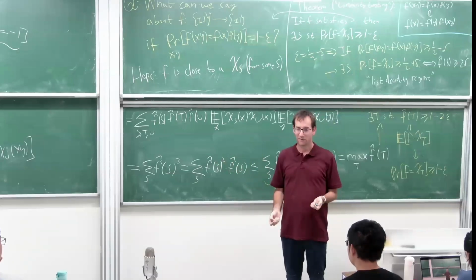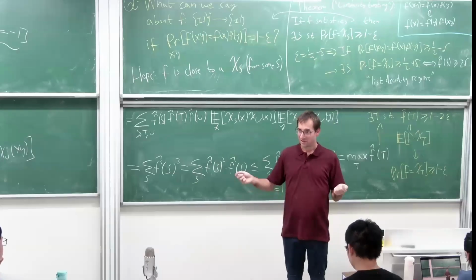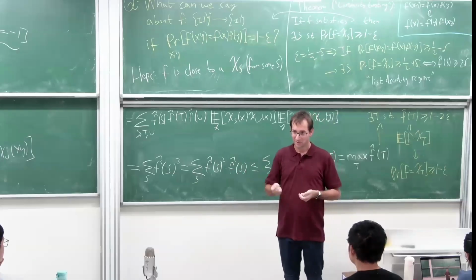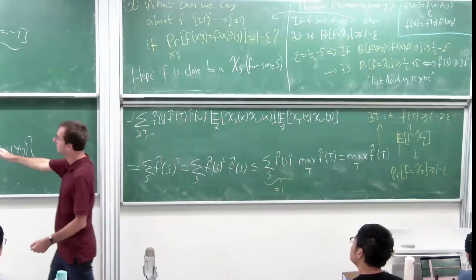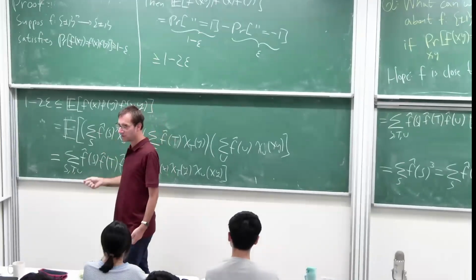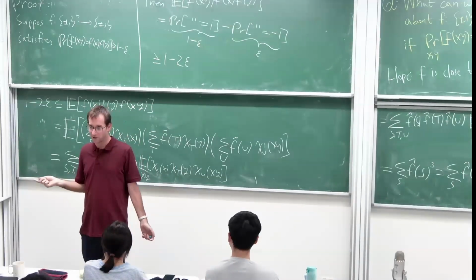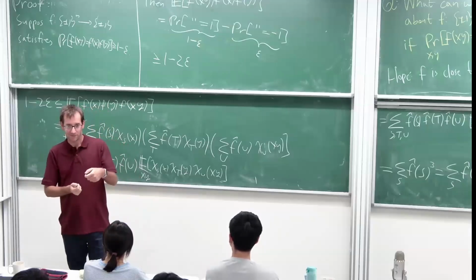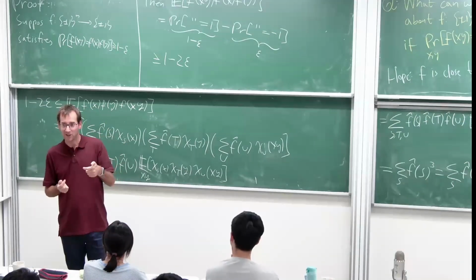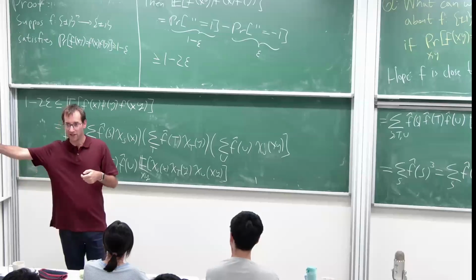If you've ever seen proofs of Roth's theorem, or stuff about three-term arithmetic progressions, it's the same idea. It's exactly the same calculation. This quantity here is not quite the same, but when you do arithmetic progressions, you get a similar result. Then there's this main term, which comes from the empty Fourier coefficients, and now it's in the error term.